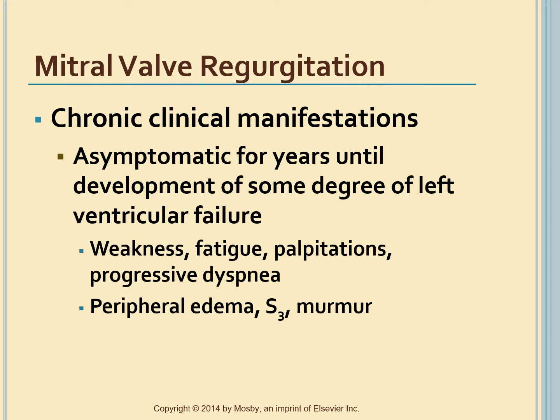In our chronic form of mitral regurg, again, our heart is compensating over time. So patients are asymptomatic for years because our heart is able to change to maintain our cardiac output. Over time, when symptoms do start to present, they will have weakness, fatigue, palpitations, and progressive dyspnea, all related to our left ventricular heart failure because now I have hypertrophy.